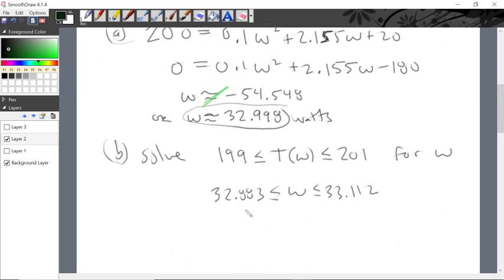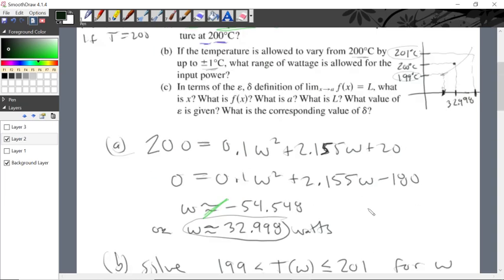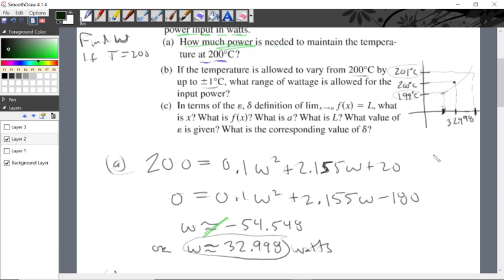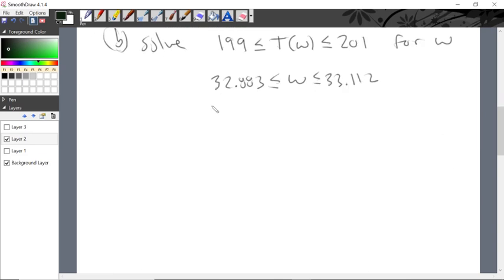All right, so I've got 32.883 for the left and 33.112 for the right. So one on the left, one on the right. That is the range of wattage that would be allowed to 3 decimal places.